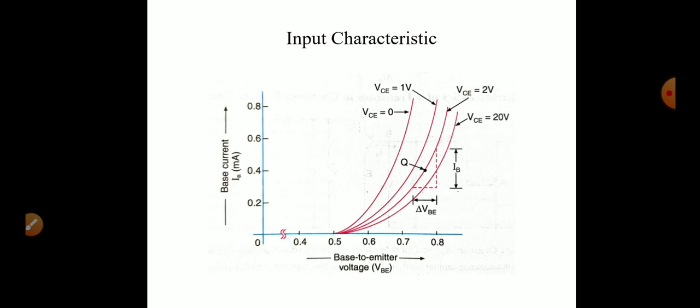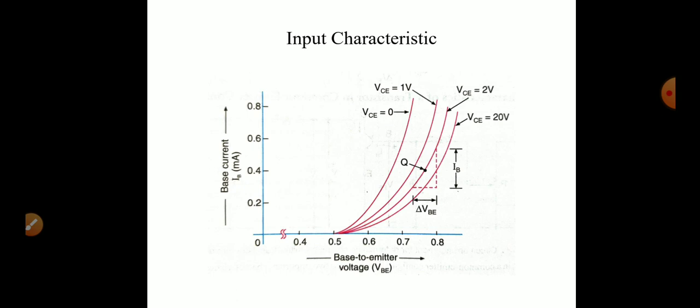When VCE equals 1 volt, we increase the collector emitter voltage by 1 volt. The procedure is that we fix the collector emitter voltage, then increase the input voltage, take the input current reading and plot it in a graph. Then we get the graph as shown in the figure for VCE equal to 1 volt.